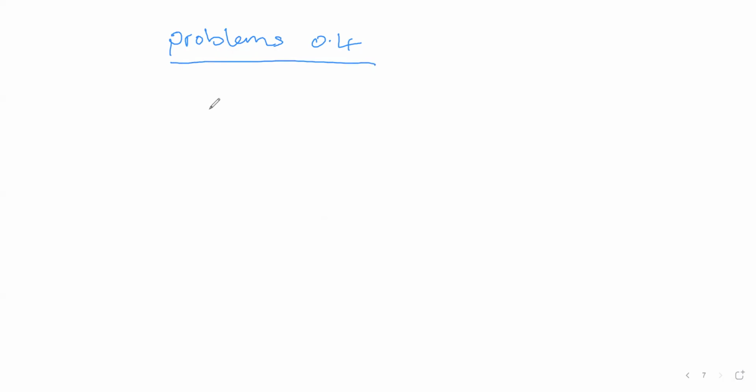I'll just pick random problems from 0.4 and solve with you. So question 1 says that we should carry out or perform the indicated operations and simplify.